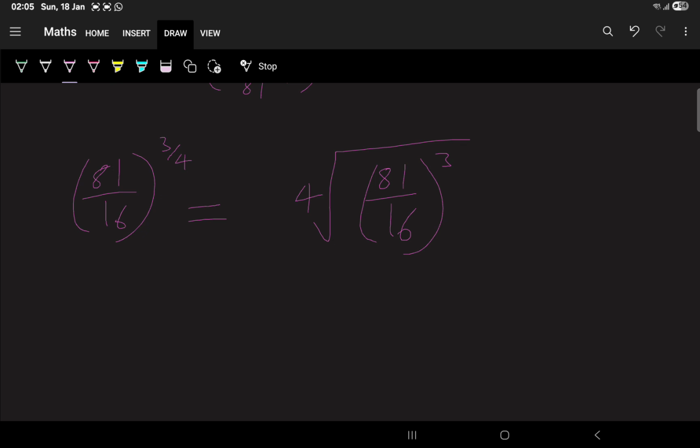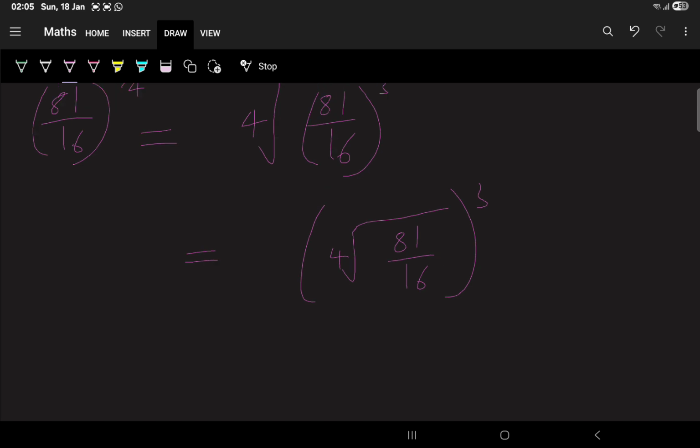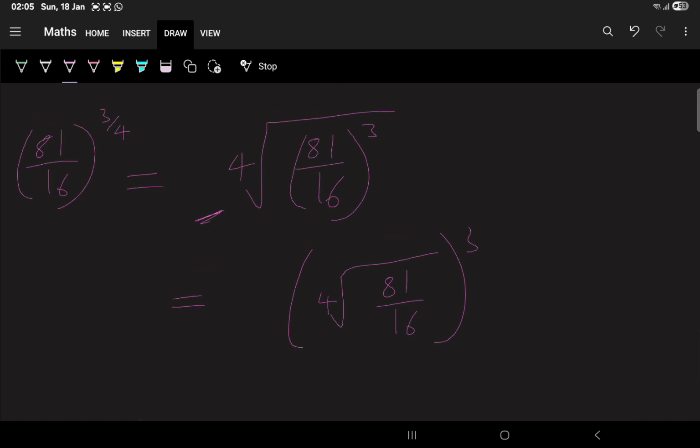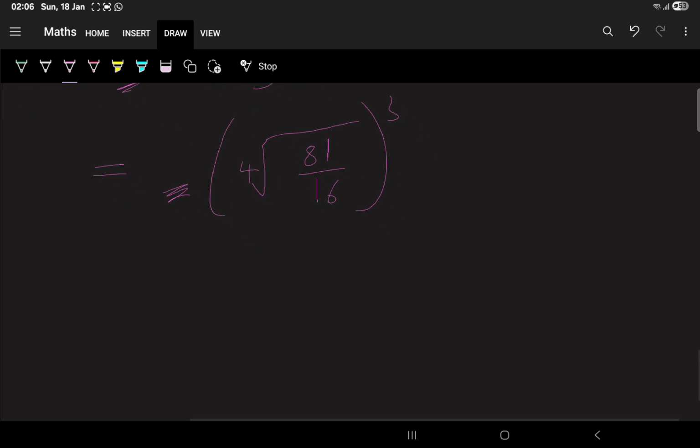Now we can also express this as the 4th root of 81 over 16 to the power of 3. This and this are homogeneous, in the sense that they are the same.